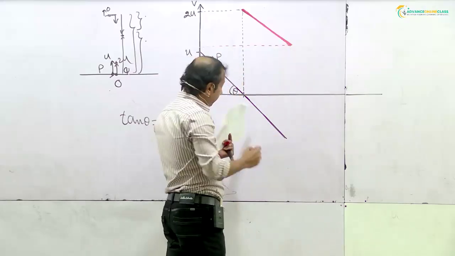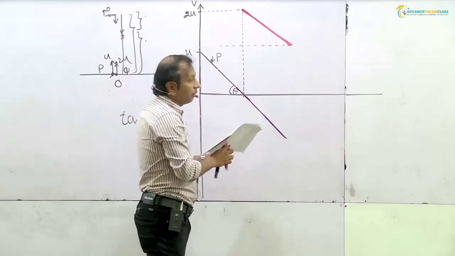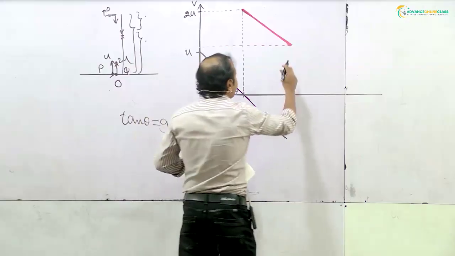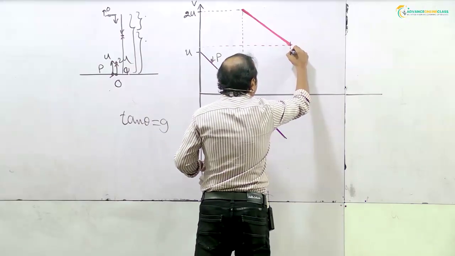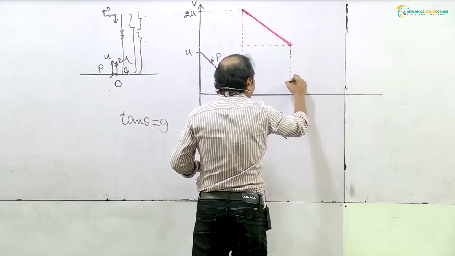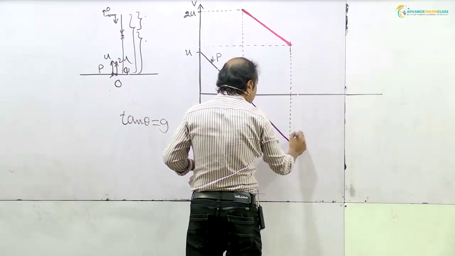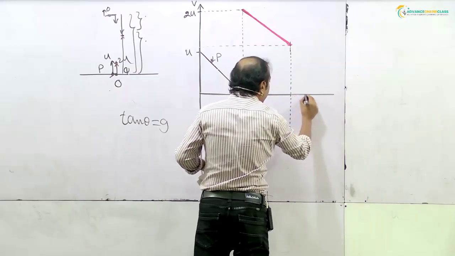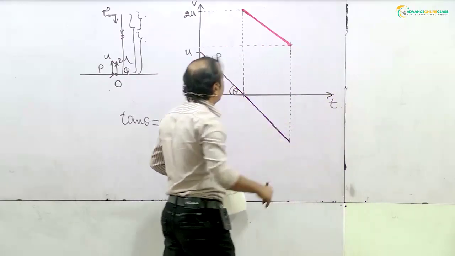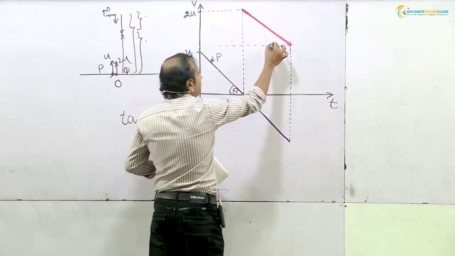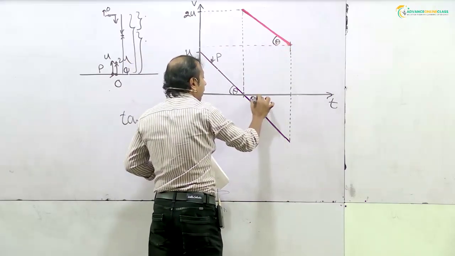I take the time moment they meet here. Until that moment only, we are supposed to sketch the VT graph. This is theta, tan theta is G. This is also theta, tan theta is G.